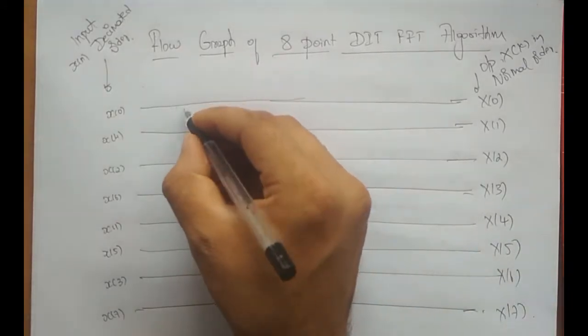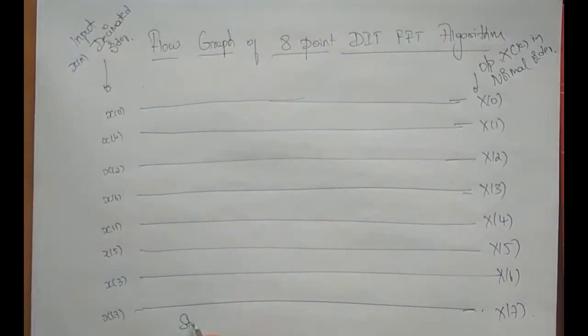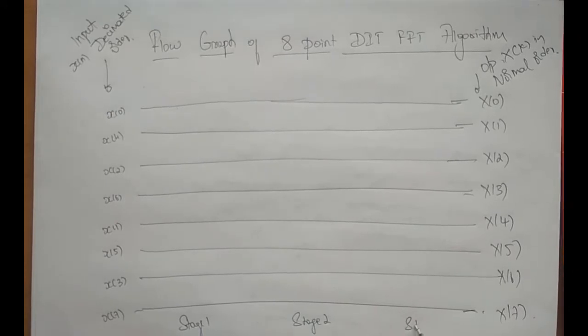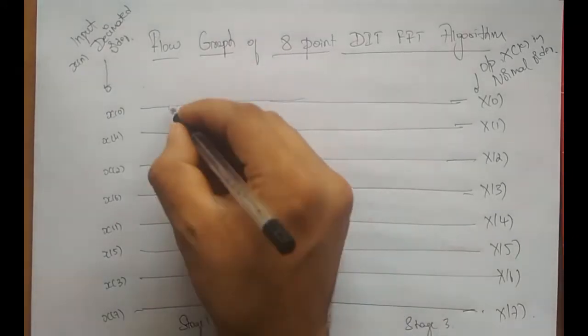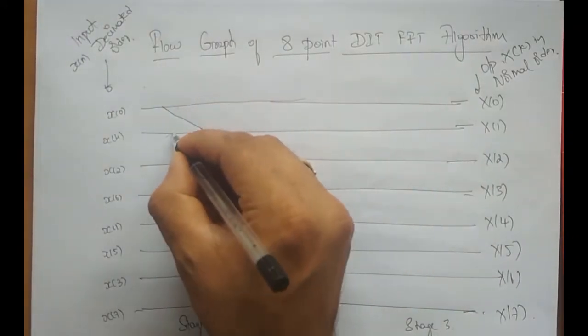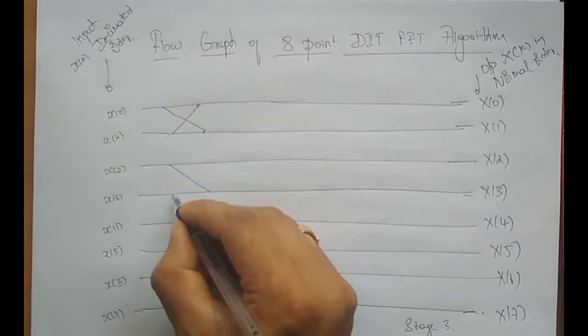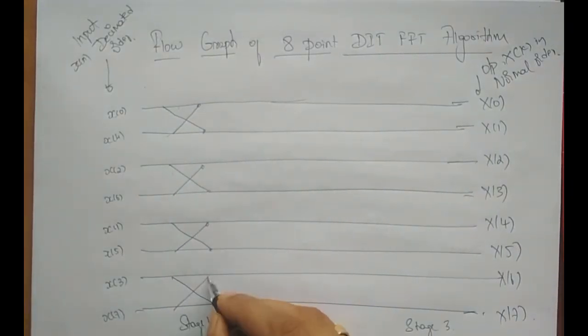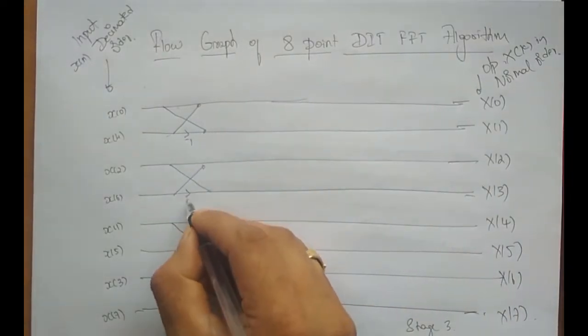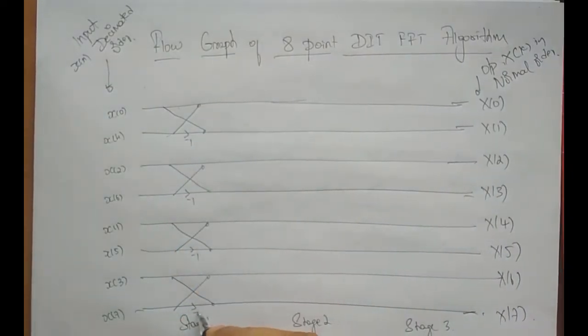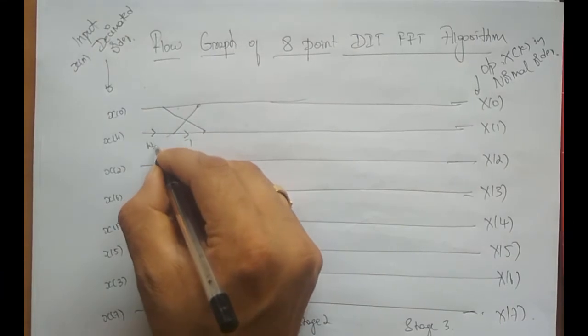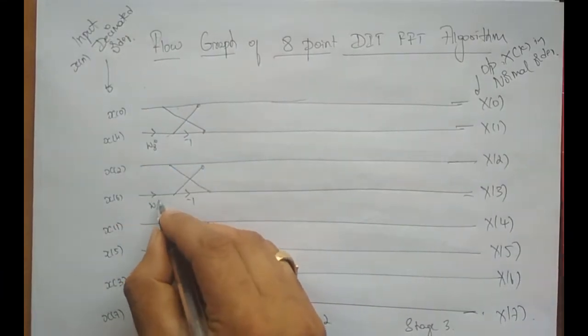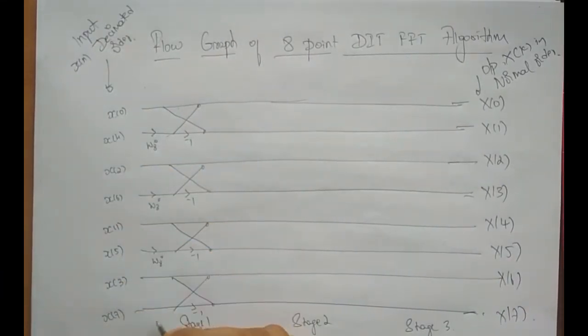So I'll be having 3 stages: stage 1, stage 2, stage 3. First stage I'll be having 4 butterflies with similar patterns. So this is minus 1, minus 1, minus 1, minus 1. So W8 power 0, W8 power 0, W8 power 0, and this is W8 power 0.